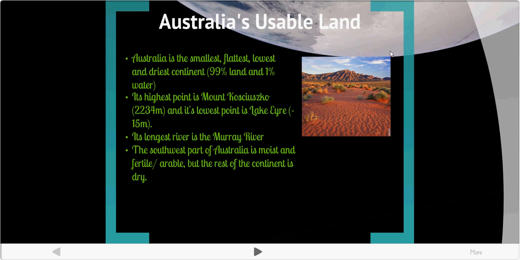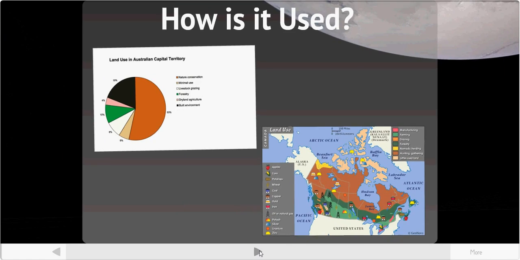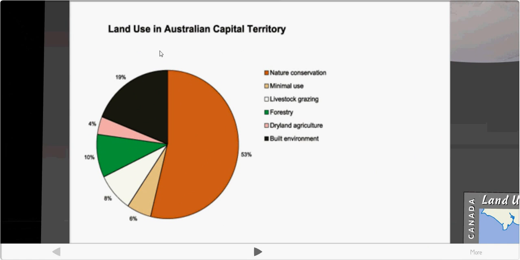As you can see, the dry climate may seem very bad, but it has an exclusive and unique group of plants. As you see here, it's very flat, so much of Australia is usable. But since it's very deserty, about 60% is. How is it used? This is a graph I found on Google. Conservation is more than half, so any kind of forest and stuff like that.